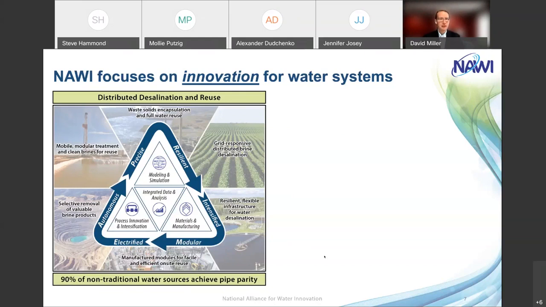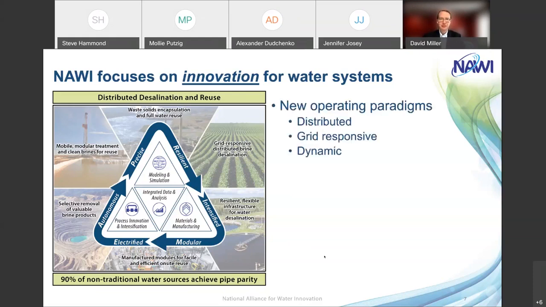And if you look at these, you'll see that it talks about distributed desalination and reuse, mobile modular treatment and clean brines for reuse, grid-responsive distributed brine desalination, process innovation, and intensification.